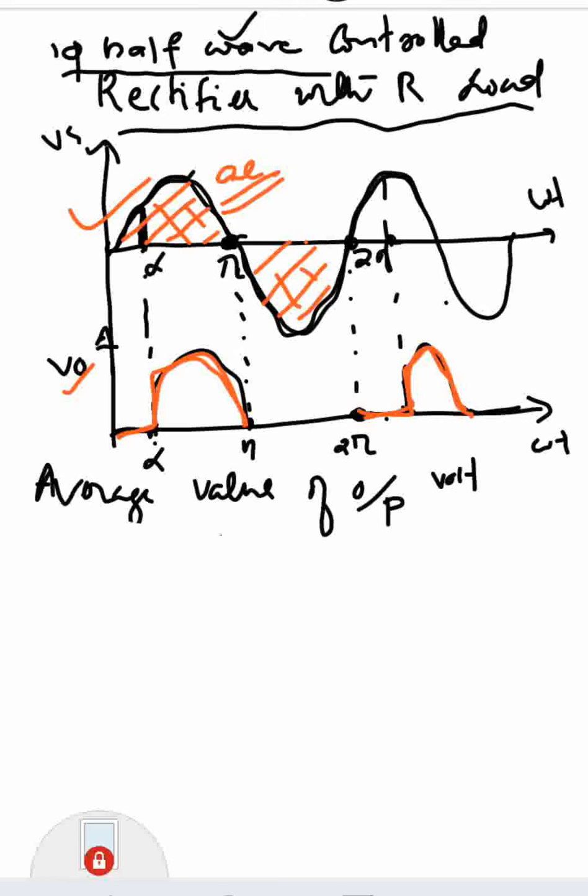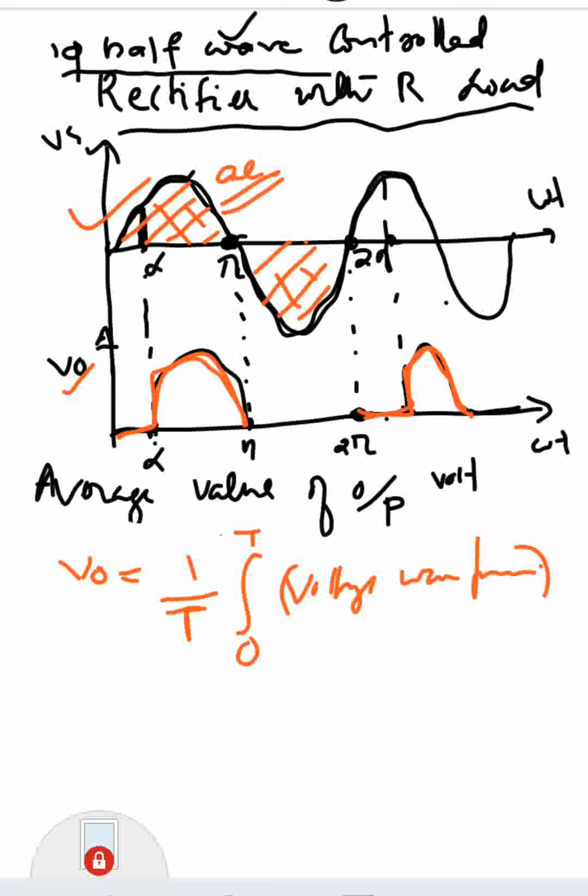How to calculate the average voltage? This is very simple. The average value is equal to 1 divided by the time period times the integral from 0 to T of the voltage waveform. So what is the time period for this output voltage?